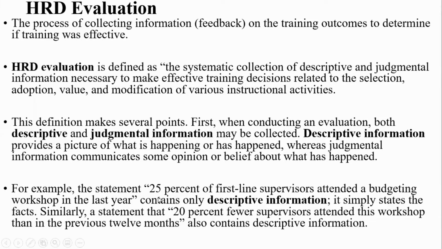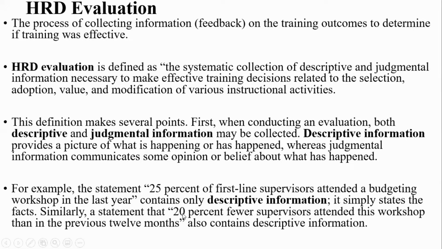So we are looking at the descriptive one. An example is when you say 25% of first line supervisors attended a budgeting workshop in the last year. You are just creating a picture, what we call the descriptive information, because you are trying to ascertain in this particular statement how many of the first line supervisors took part in the training program.